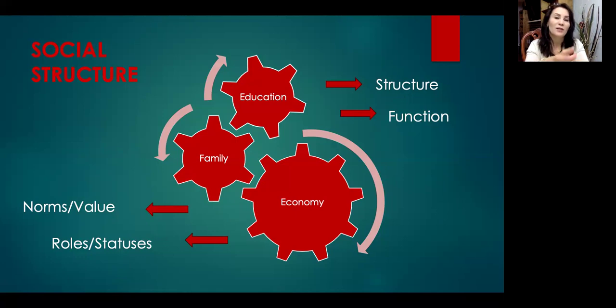For example, family has a different function than education, although they have some overlapping parts. Families also teach their children very important stuff, and then education continues that process.